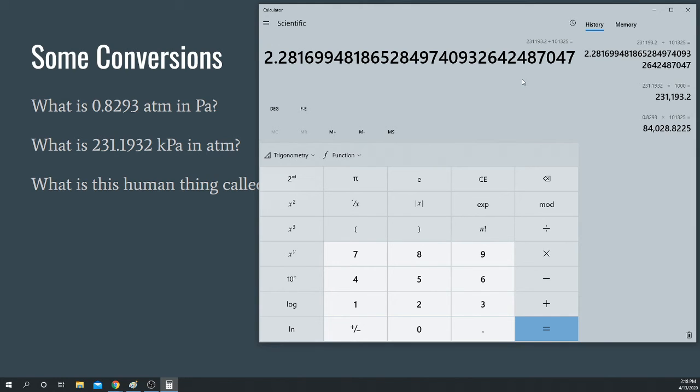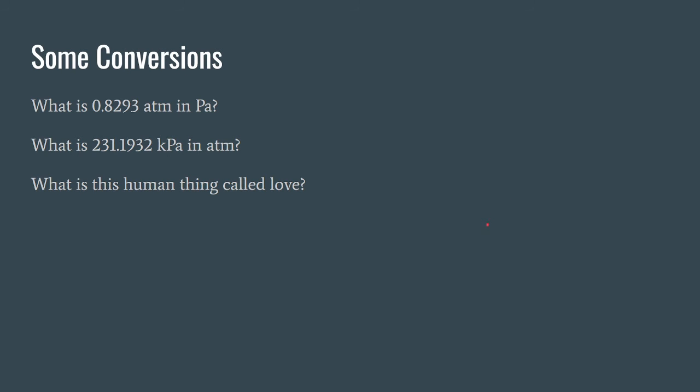So 231.1932 kilopascals is 2.2816170 atmospheres, about 2¼ atmospheres. You would feel that pressure. That would be like being under a couple feet of water. You'd notice it. And what is love? Baby, don't hurt me.